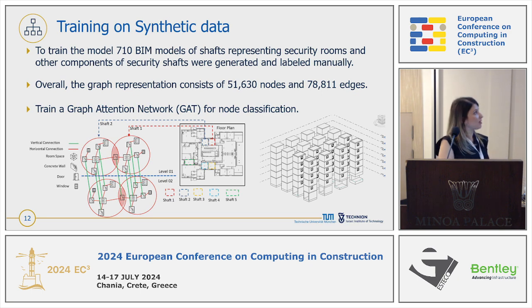We ended up with 710 BIM models of such security shafts, which were then translated automatically into graph representations and used to train a GNN model. In this case it was the graph attention network for node classification.